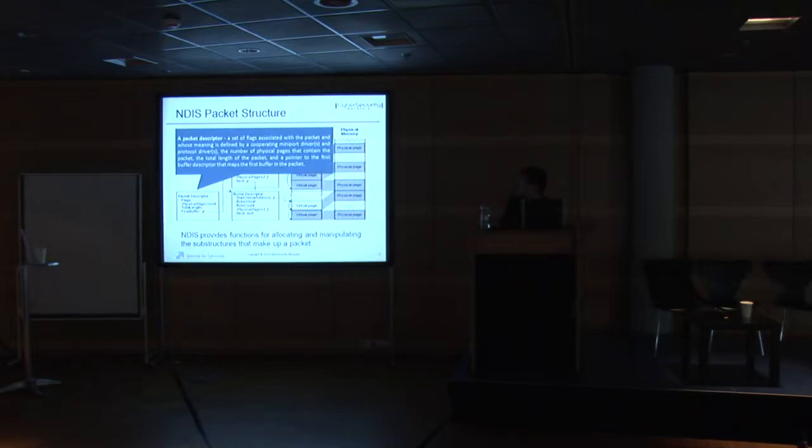It also holds the number of physical pages that contain the packet, the total length of the packet, and a pointer to the first buffer descriptor that maps the first buffer in the packet. All these definitions are the variables inside the packet descriptor.